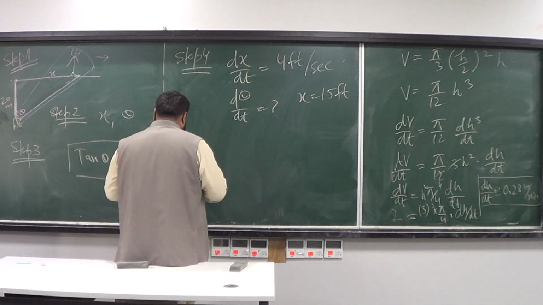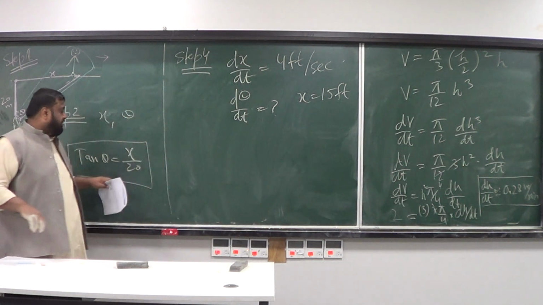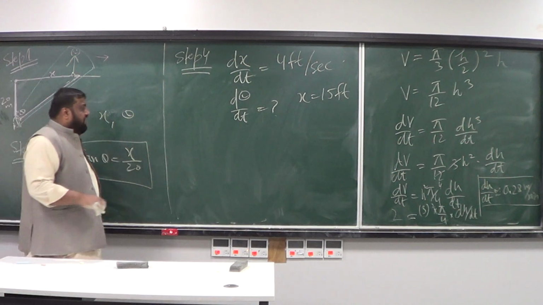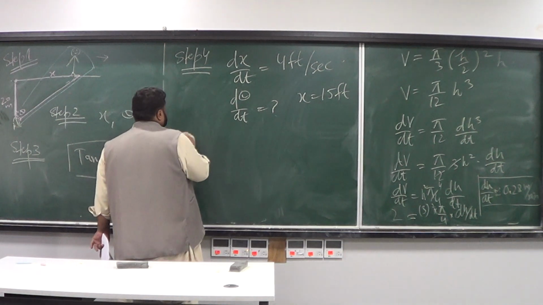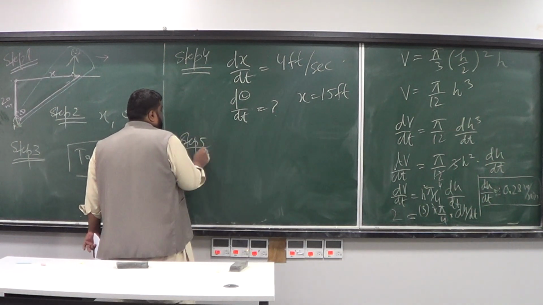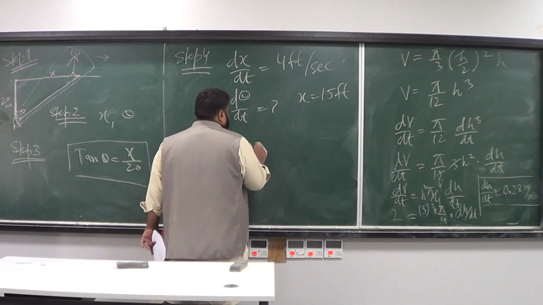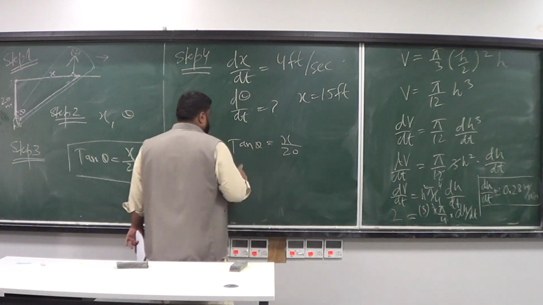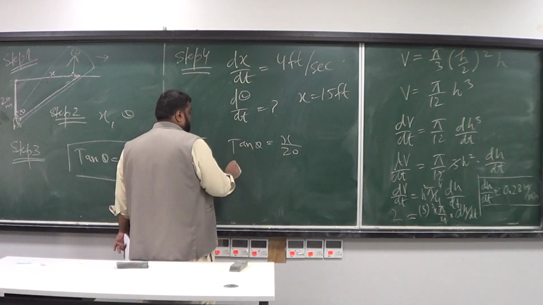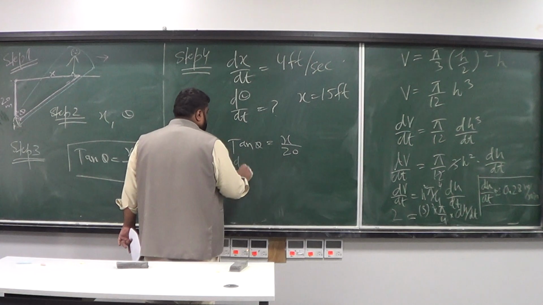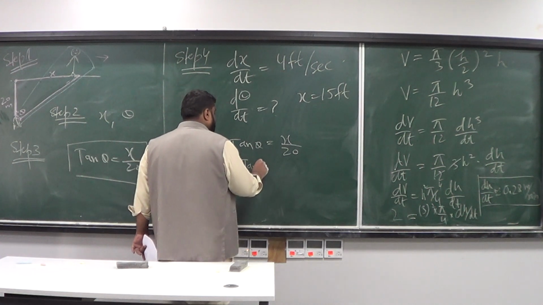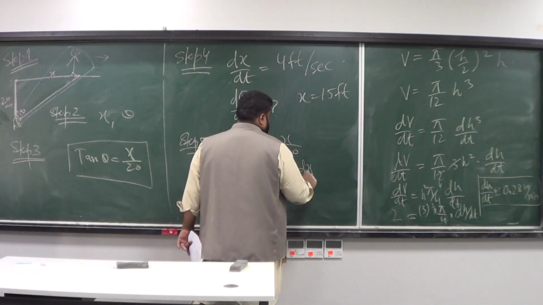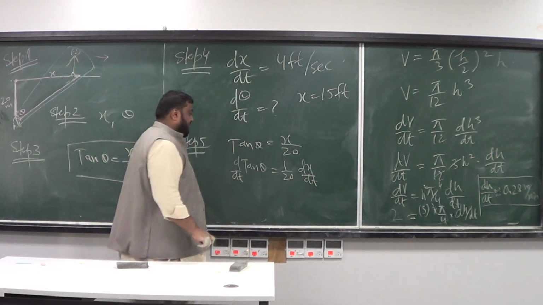So how to deal with it? I need to differentiate both sides. So step 5 is to take this relationship, tangent theta equals x upon 20, and differentiate both sides with respect to t. Differentiating tangent theta with respect to t, and on the other side you get 1 over 20 dx by dt.